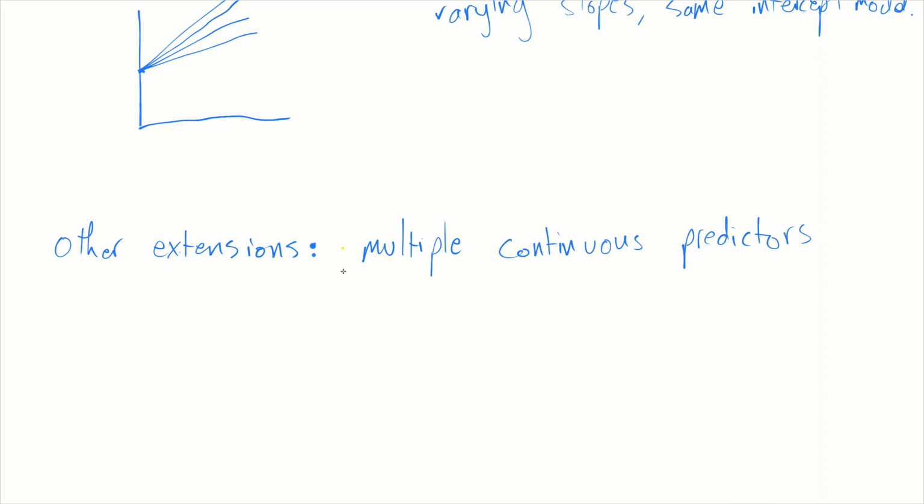And you can also have interactions between continuous predictor variables.